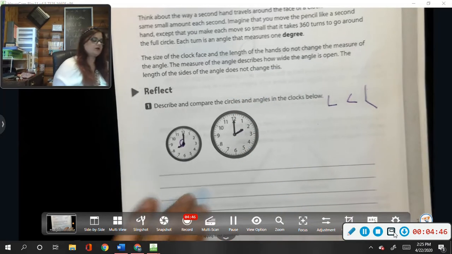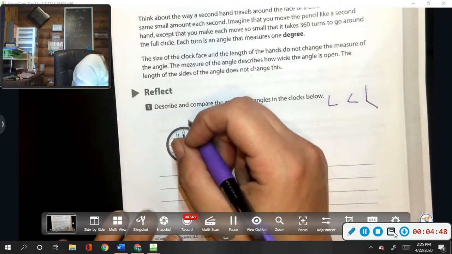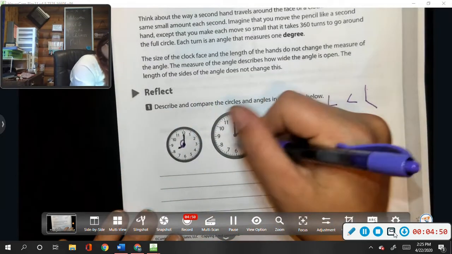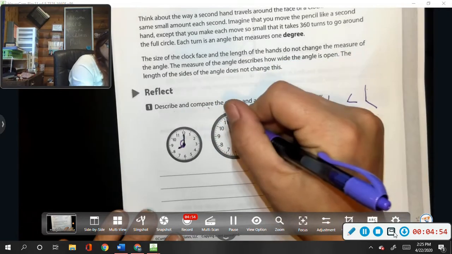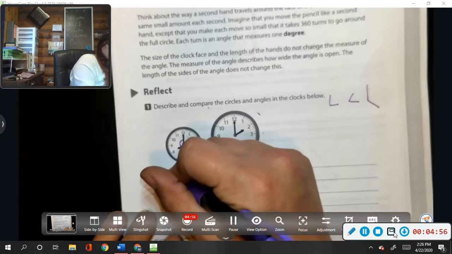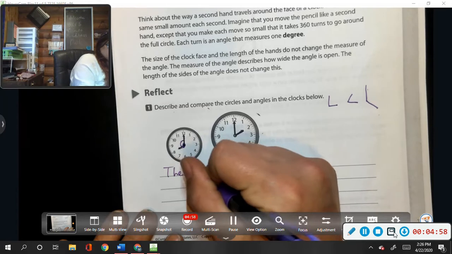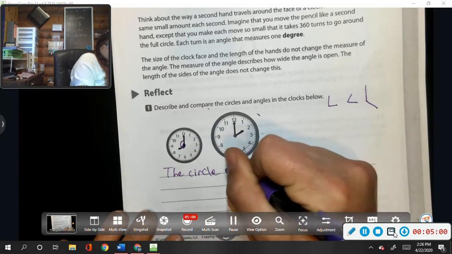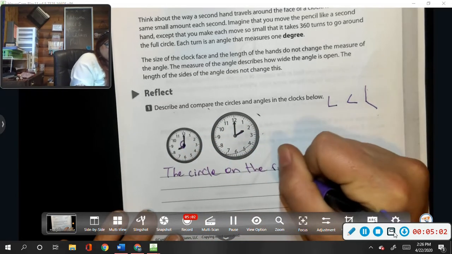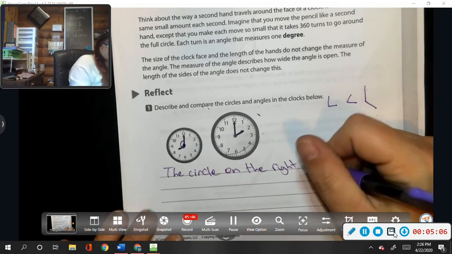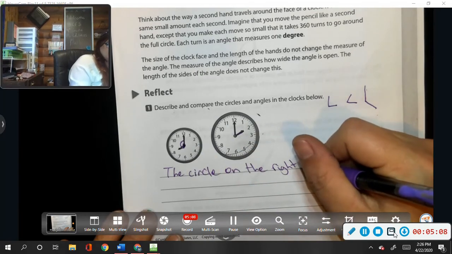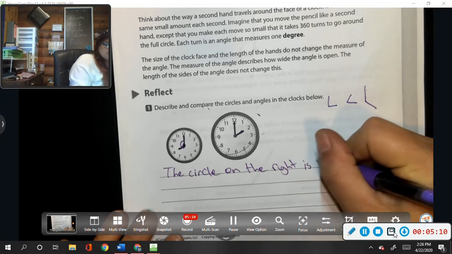So what we could write is the circle on the right over here, because it says describe and compare the circles. So the circles themselves, the circle on the right is what size compared to the other circle, the other clock? It's bigger, isn't it? So the circle on the right is bigger.